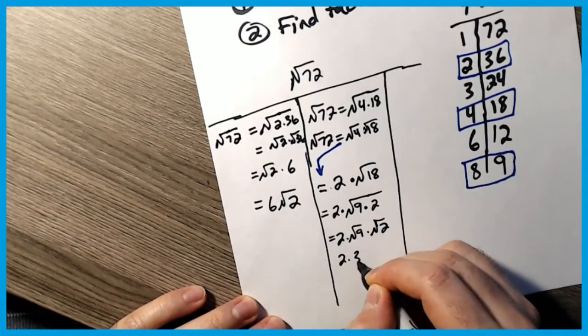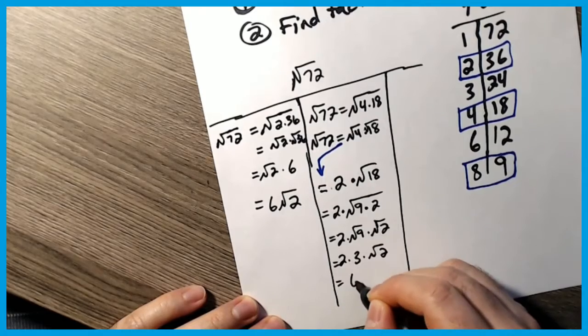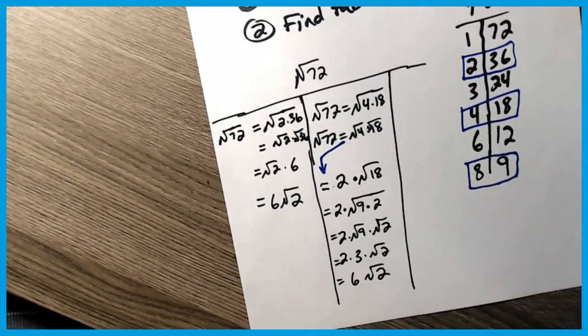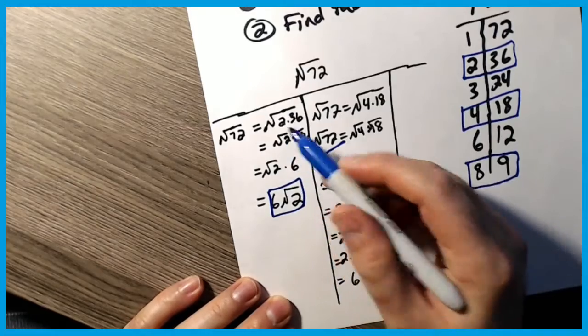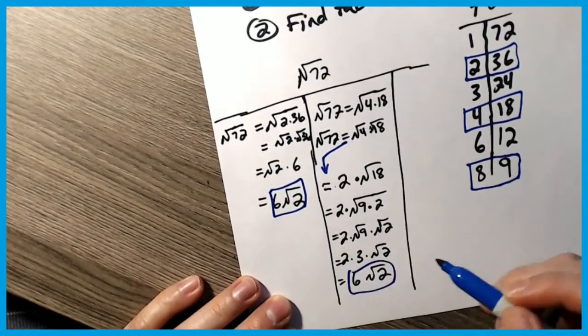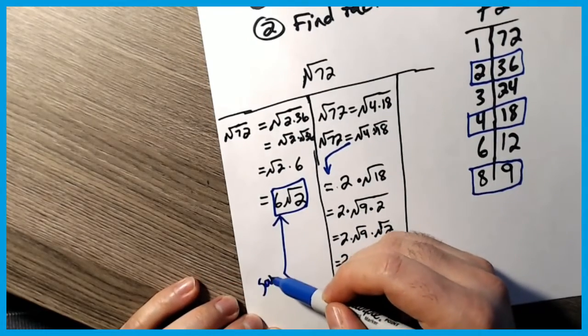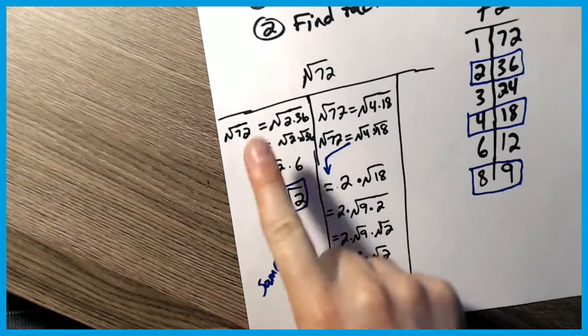So it's just 2 times 3 times square root of 2. 2 times 3 is 6. And you get 6 square root of 2. Now notice, this was the answer I got over here. This is the answer I got here. These are the same. This was a whole lot less work.